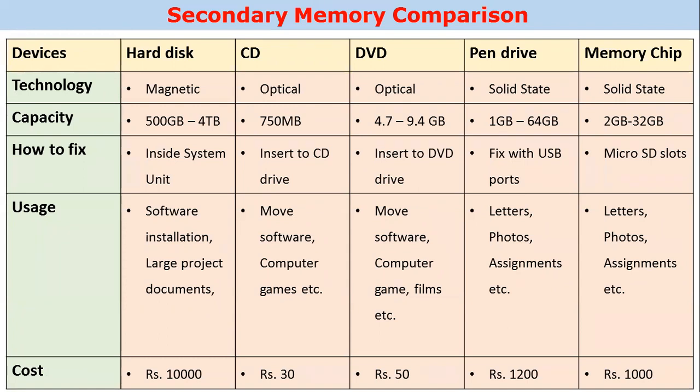The CD tray comes out from the computer. Then you can put your CD on the tray and close it. Then you can open the content of the CD or DVD. Normally, both CD and DVD can be played in the same drive.